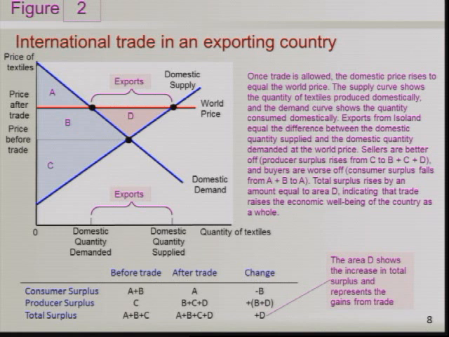All right, so price before trade, $10. We've opened up our borders. Everyone else is buying that same product for $11. So our sellers here in this classroom are going to say, well, if there's a demand for it, we'll sell it for $11. So here's the price now after trade at the red line. As you'll know, when the price is too high, here's quantity demanded, here's quantity supplied. Now, remember, this is domestic supply and domestic demand. So how many items are going to be sold to domestic buyers?